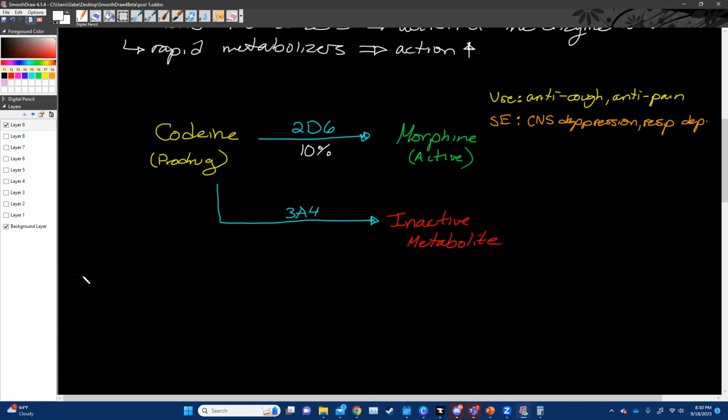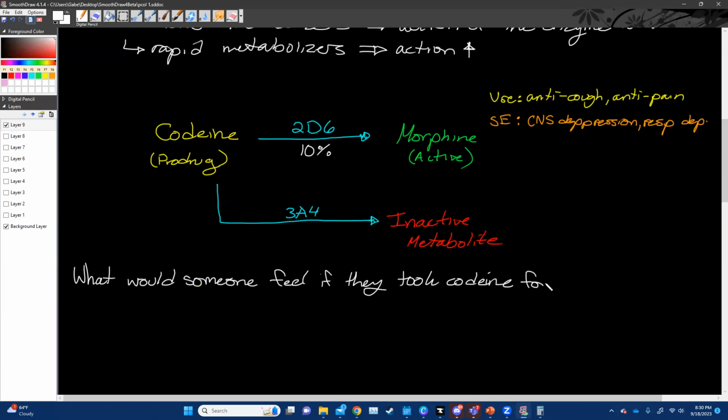So the question I have for you is this. What would someone feel if they took codeine for pain, but was an ultra slow 2D6 metabolizer?